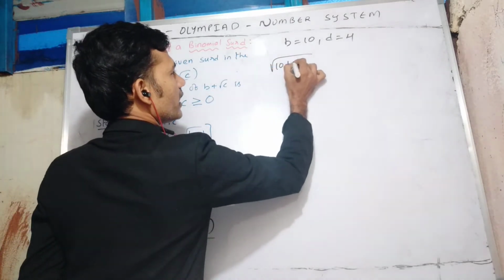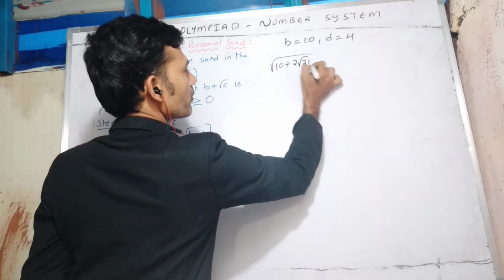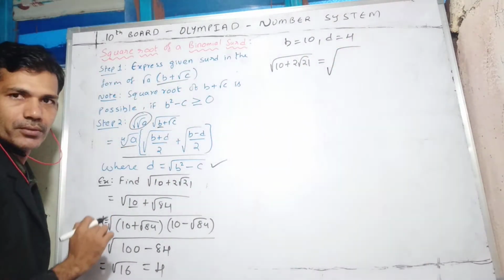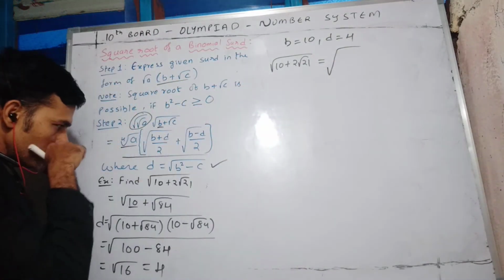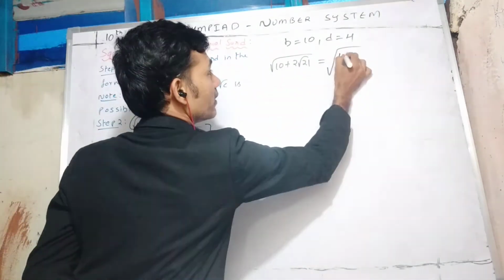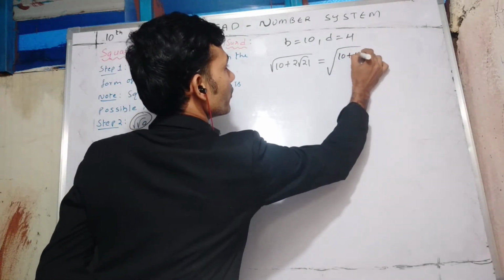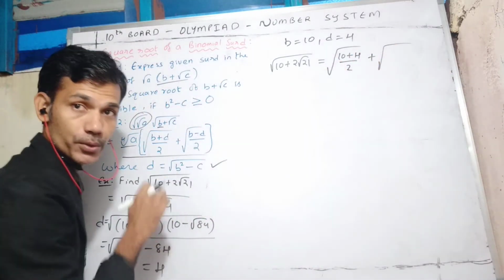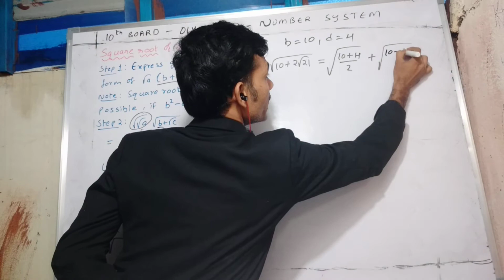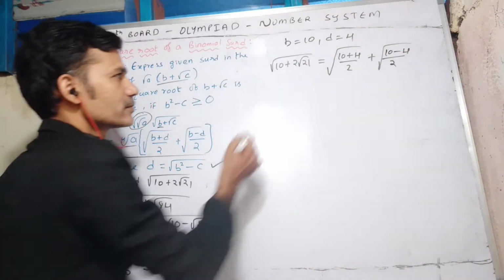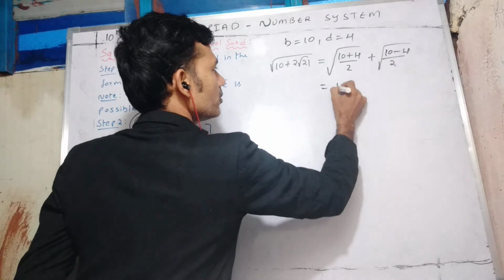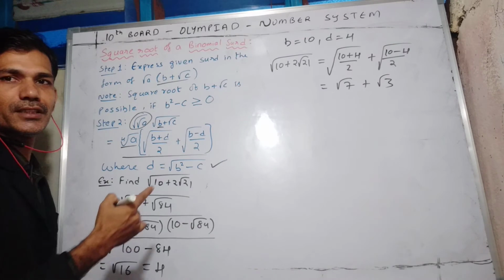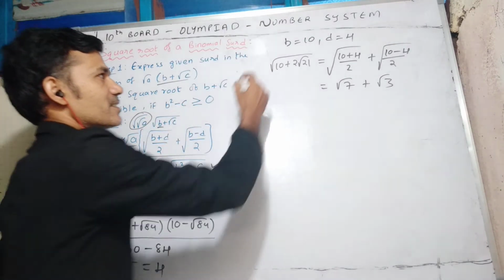Square root of 10 plus 2 root 21 is, we can use this, b plus d upon 2, that is 10 plus 4 upon 2, plus b minus d upon 2, that is 10 minus 4 upon 2. This is 14 upon 2, means root 7. That is 6 upon 2, means root 3. So this is the square root of this.